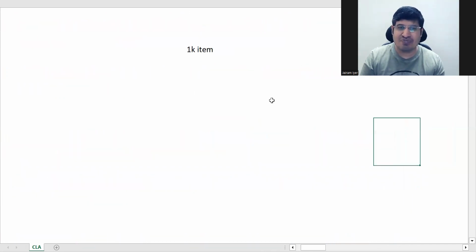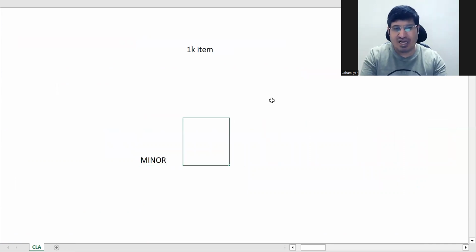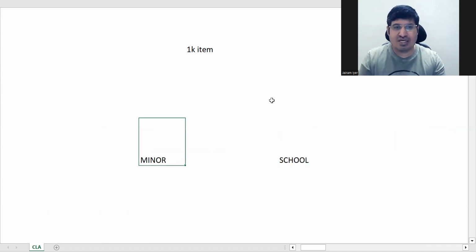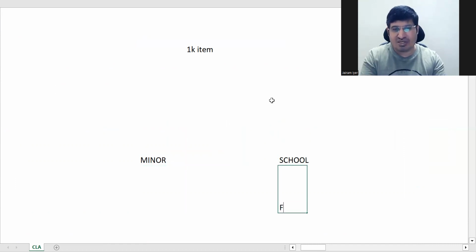For example, a minor has a contract with a school. He says he is an adult and has taken some work in the school. The school has given him some education, free education.